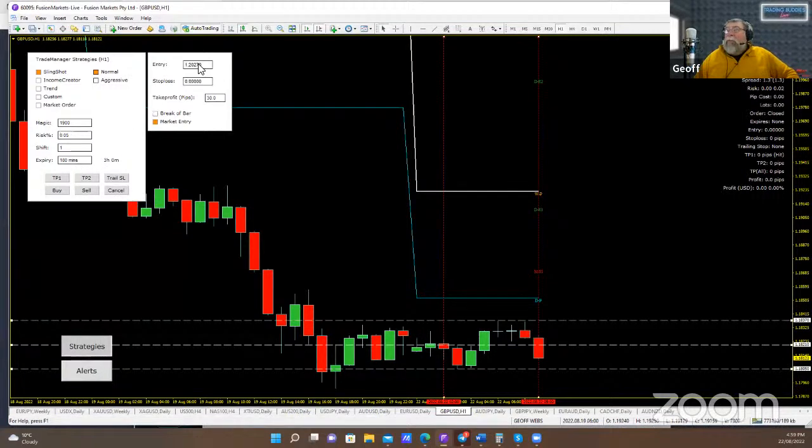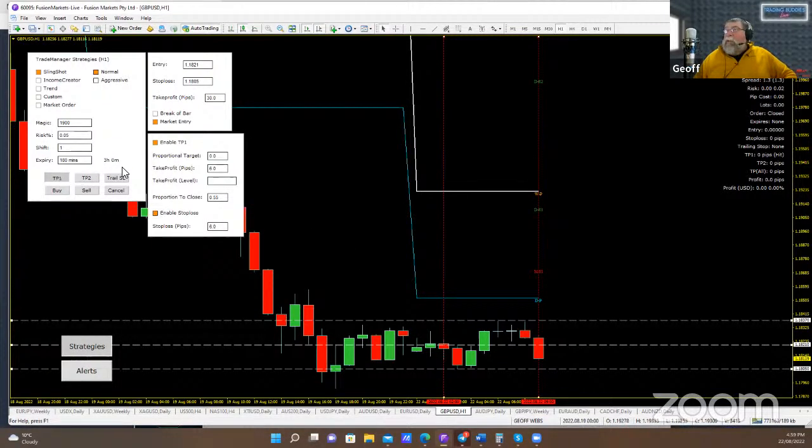And we're going to go with 1.1821. We're going to have a stop loss, which is this line at 1.1805. And our first take profit will be at, this is a bit of a misnomer, we're actually not going to take any profit. We're just going to move our stops to entry at that point.